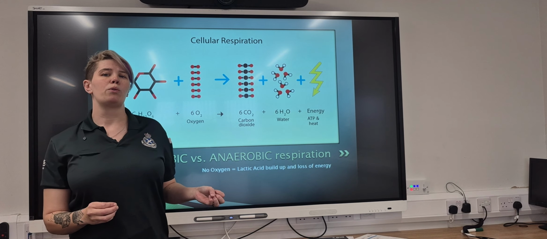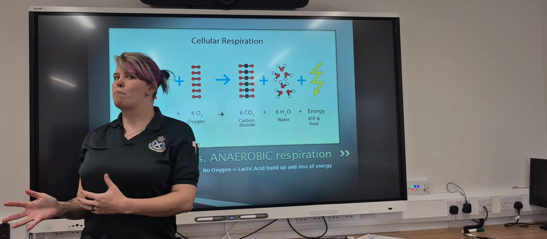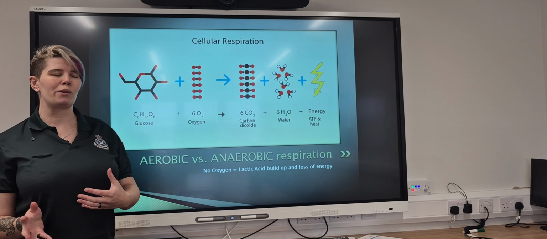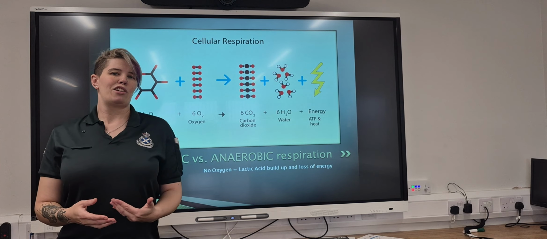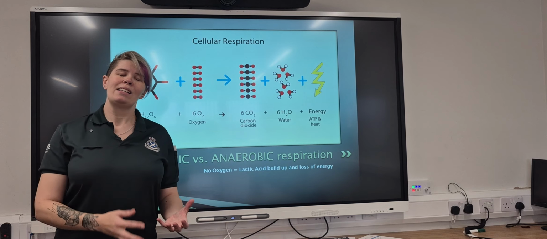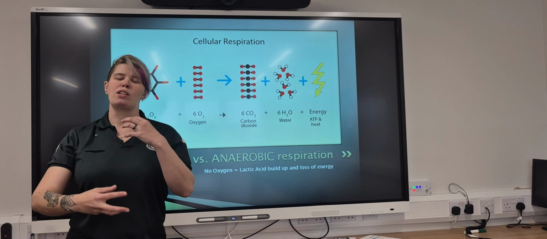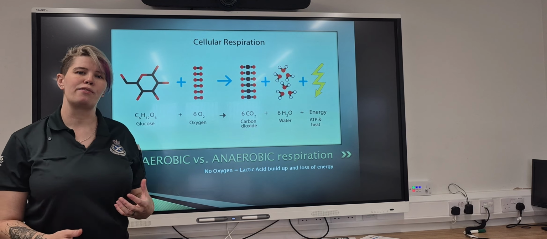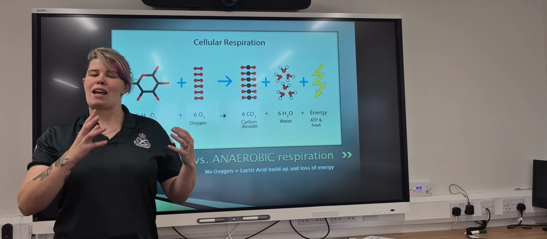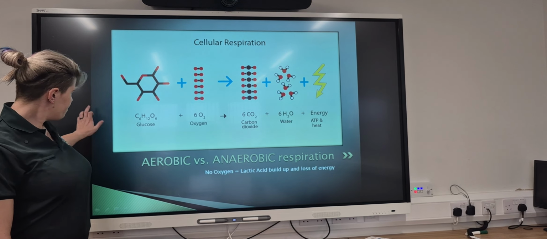Without oxygen, we go into something called anaerobic respiration, and the main byproduct of that is lactic acid, which, as we know, acidic conditions are not overly great for the body, and cells will start to die. So cells will still try to create this energy, the body will still try to survive in the absence of oxygen, but it will create quite a toxic byproduct with it.